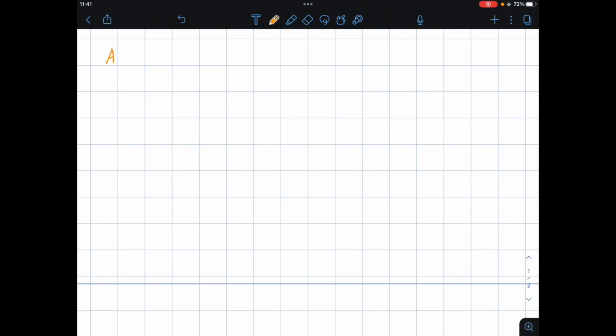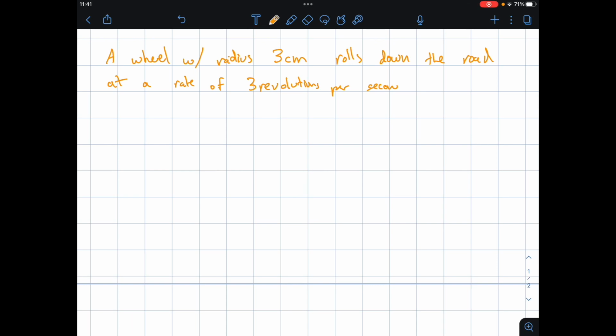So let's suppose that a wheel with radius, let's say 3 centimeters, rolls down the road at a rate of 3 revolutions per second.